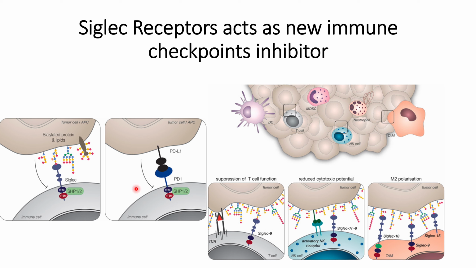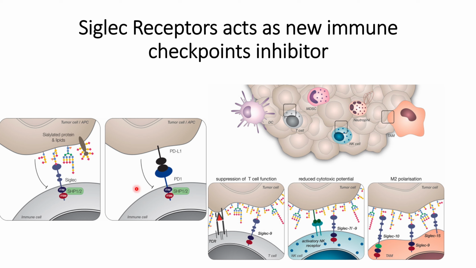Similar things happen when sialylated proteins or lipids interact with the Siglec expressed on the immune cells. That leads to phosphorylation of the Siglec receptors within the cytosol of the immune cells, and that will further deactivate the T cells.